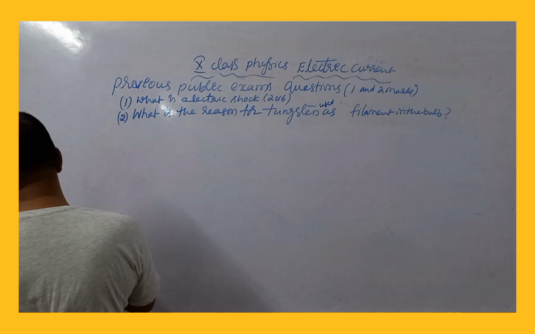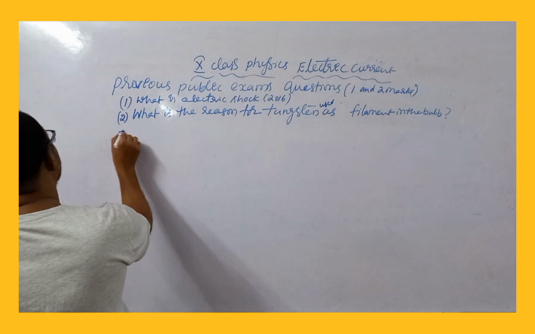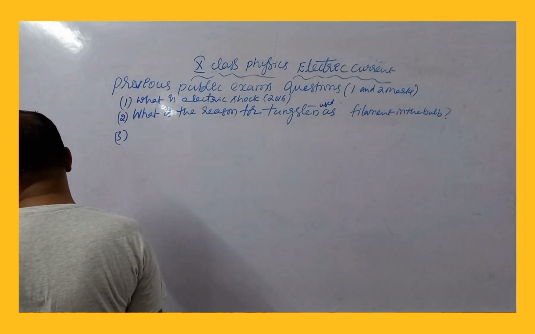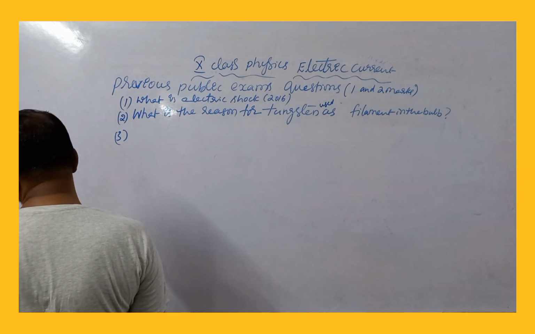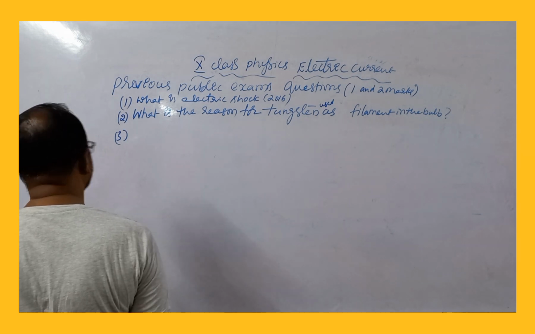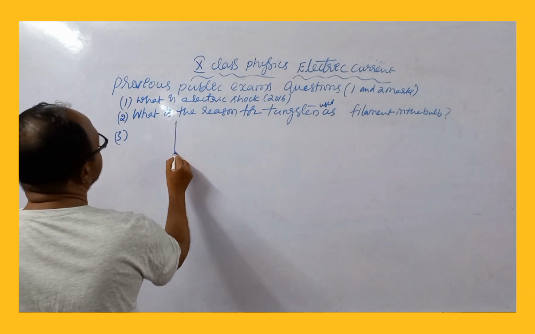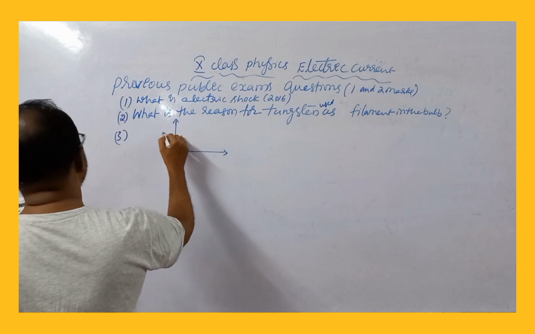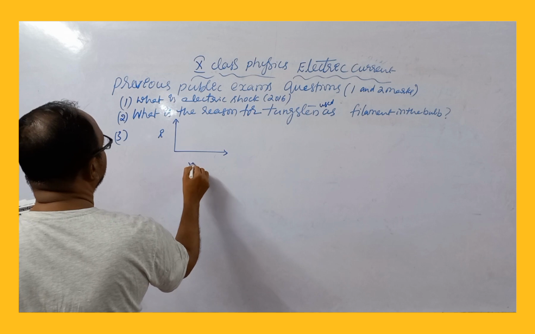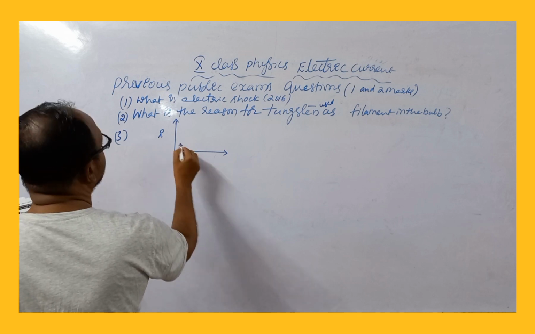Next, third question, students. Observe the graph of potential difference V between the two ends of the conductor and current I passing through it. Now answer the following questions. The graph is given between potential difference and current.